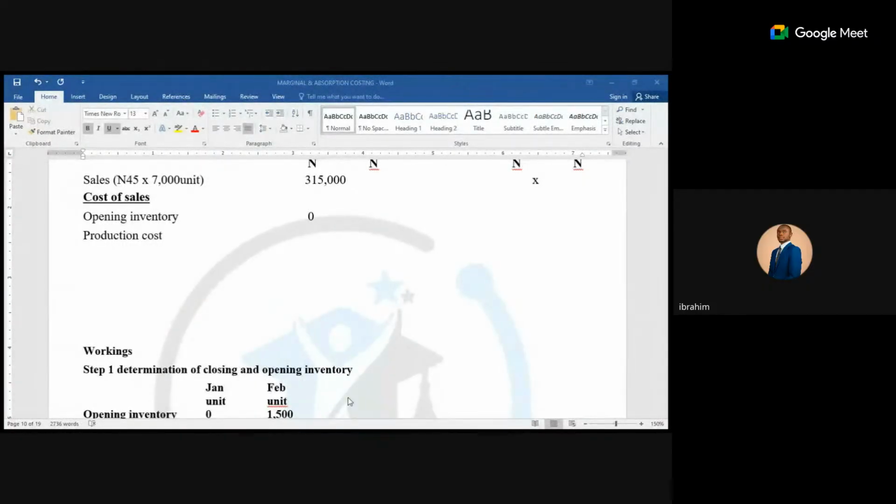So we can have 26 naira per unit times the units produced, which will give us the cost. 8,500 units, right? That is the cost it will take to produce the 8,500 units, class. Now, what do we have? If you multiply, 221,000 naira.